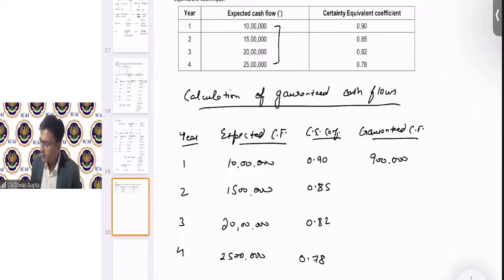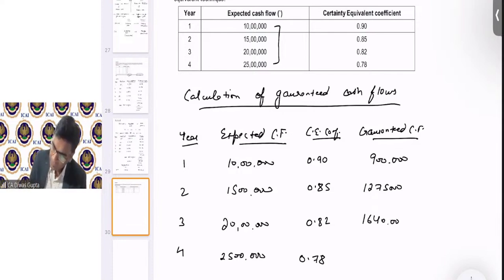Then 15 lakh multiplied by 0.85, which is 12 lakh 75,000. 0.82 multiplied by 20 lakhs, 16 lakh 40,000. Then 25 lakh multiplied by 0.78, which is 19 lakh 50,000. So I think step 1 is clear.